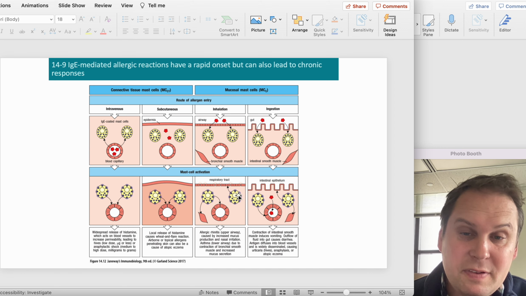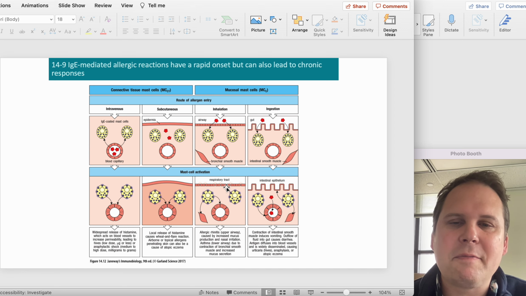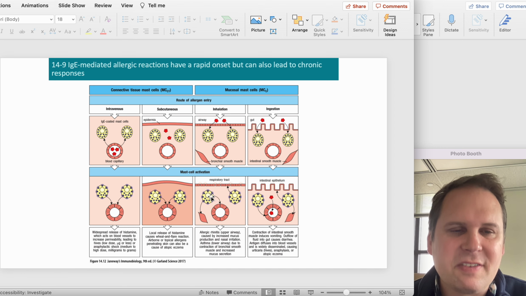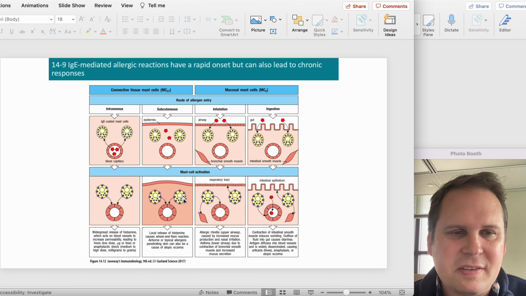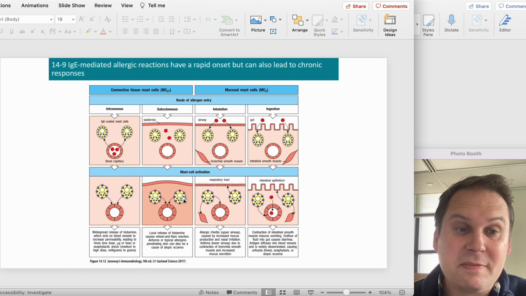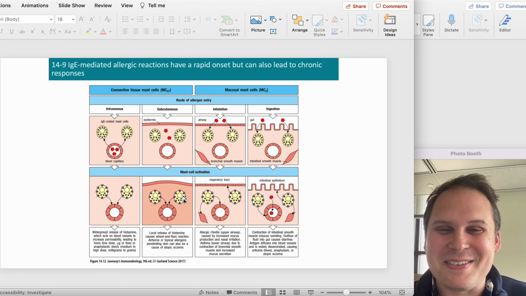Now, this is going to be helpful later because it's going to allow things like neutrophils and basophils and macrophages that come from the bloodstream to have access to actually get to the surface and try to clean up whatever the problem is, if there is a problem there. When it's a virus, this is a lifesaver. When it's pollen, this just makes you a little bit miserable.